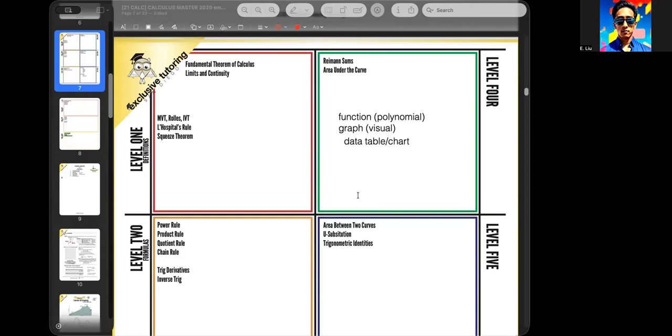So you got to be able to explain not only derivatives, but also integrals regardless of which of these three situations they give you. You can expect in any test that they'll give you a function, a graph, and at least a data table or that chart. And then they will all obviously alternate through them, but expect at least one of each in your free response questions.